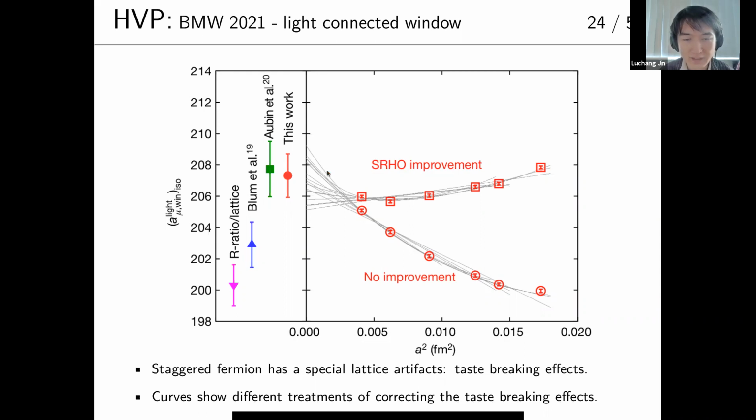They have different ways to do the extrapolation, and with this spread of the results, obtain this systematic error. And you can see this is away from the R ratio and the RBC/UKQCD results, which is a more complete comparison in the previous slides.